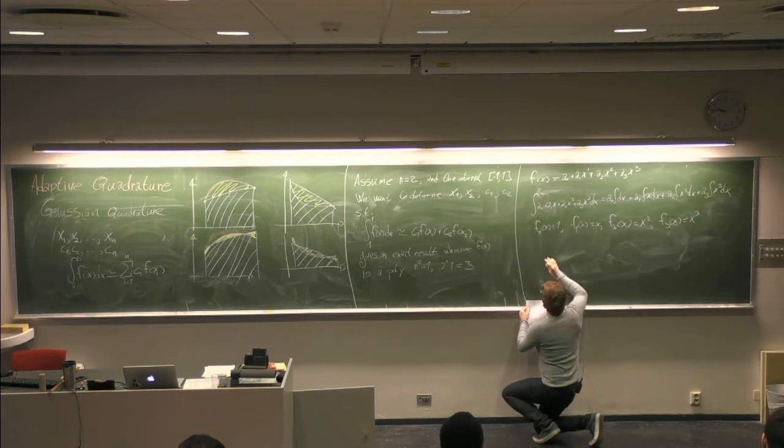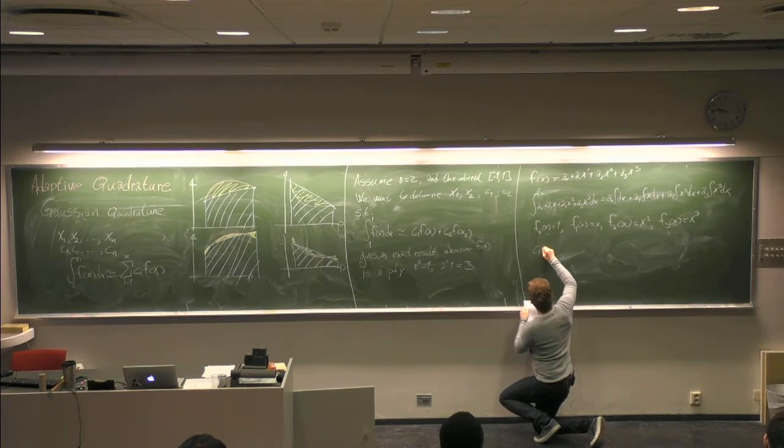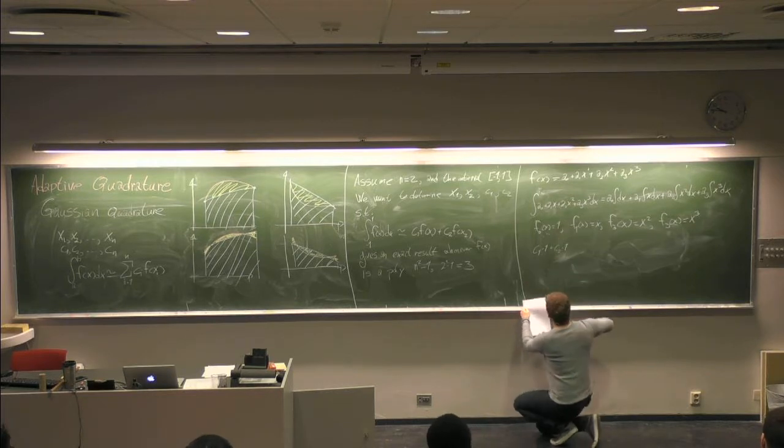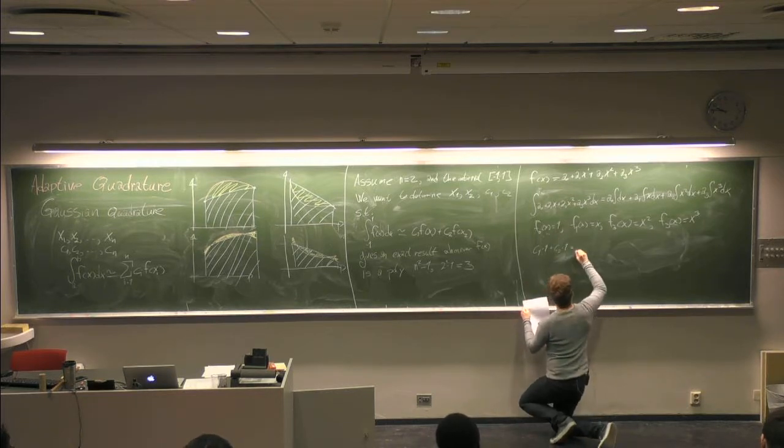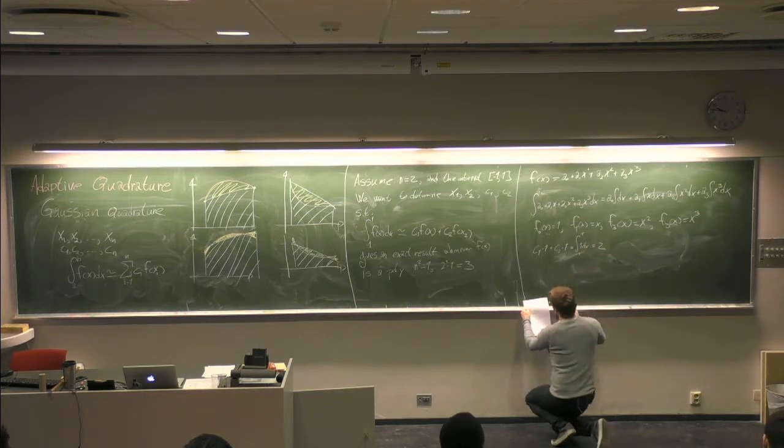Every number we evaluate for this would just be C1 times 1 plus C2 times 1, because it's always 1. This should be equal to the integral from -1 to 1 of 1 dx, which is 2.